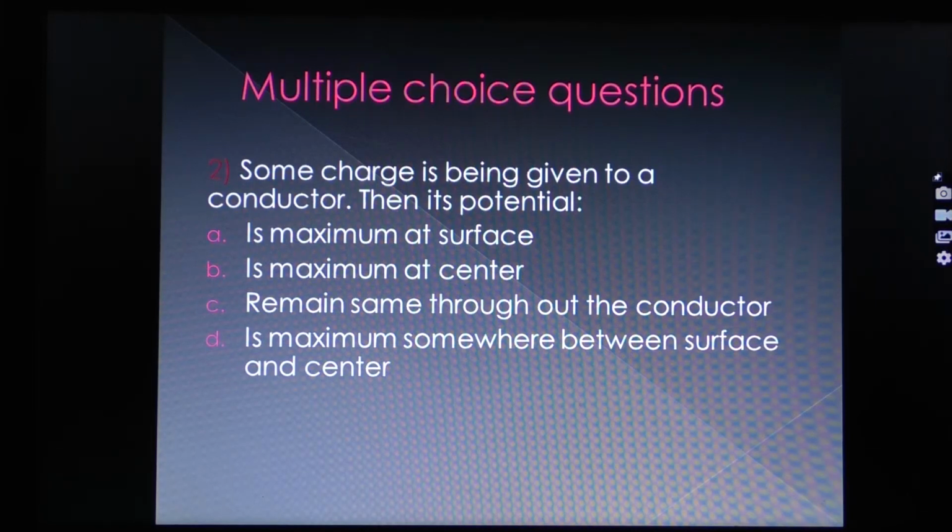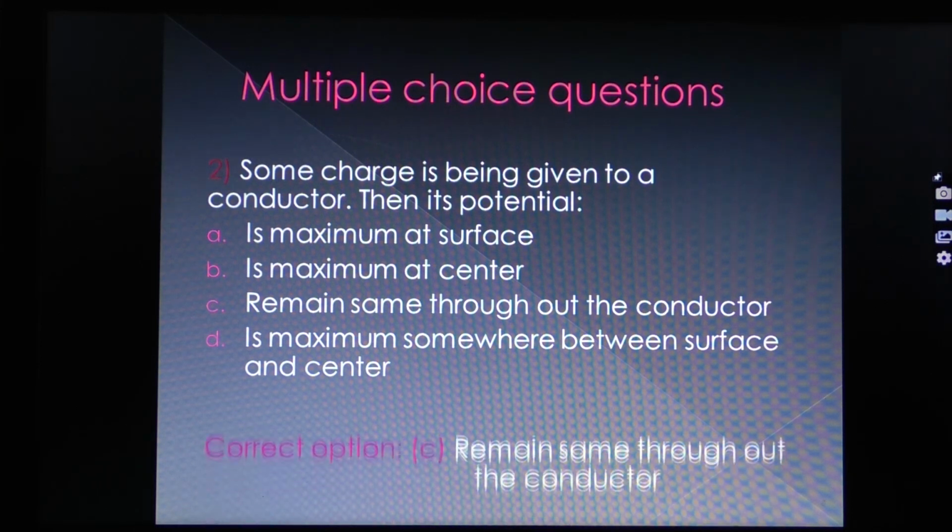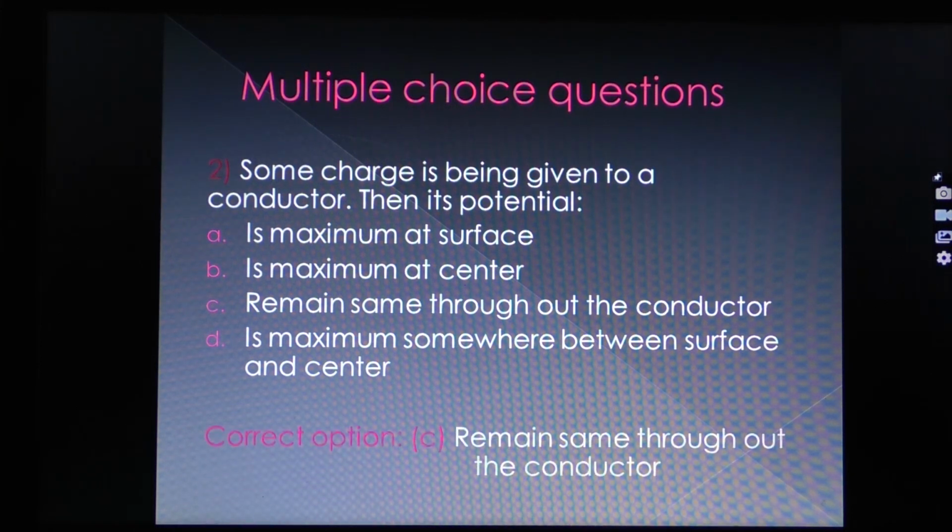Number 2. Some charge is being given to a conductor, then its potential is: A, maximum at surface; B, maximum at center; C, remains same throughout the conductor; D, maximum somewhere between surface and center. The correct option is C, remains same throughout the conductor.